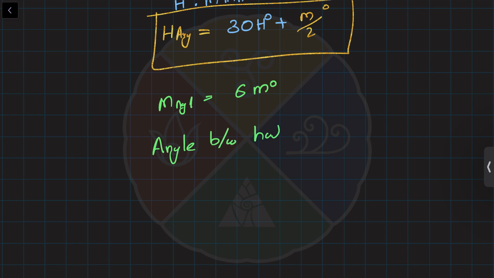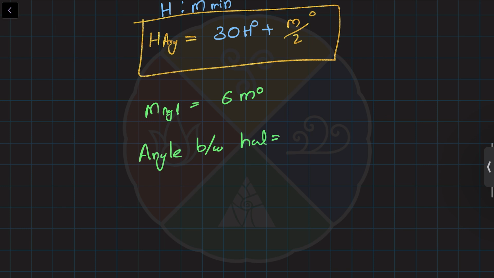See, the sign doesn't matter, okay? It will just say who is in front and who is in the back. So our angle is 30h degrees plus m by 2 degrees. From that I'm going to subtract the minute hand angle, that is 6m degrees.